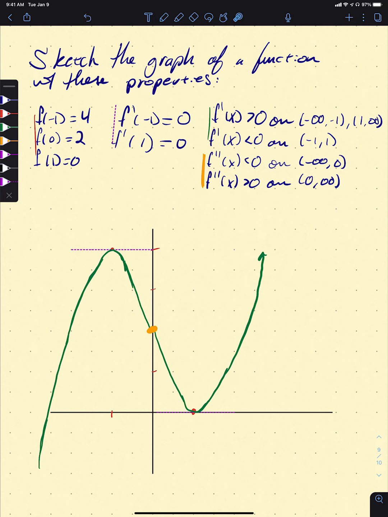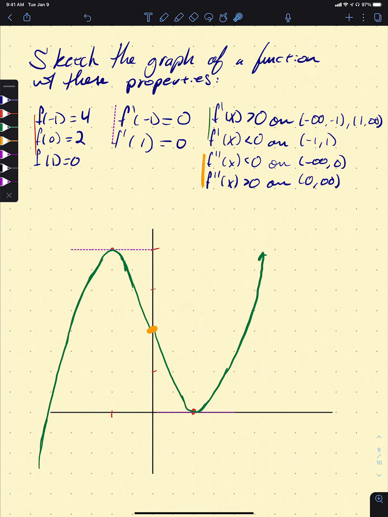Okay. One thing even further that I want you to notice is that right here, we're concave down the whole way, and we have a critical point. And I want you to think about whether or not that forces our critical point to be a local maximum, okay? And indeed, it actually does, right?